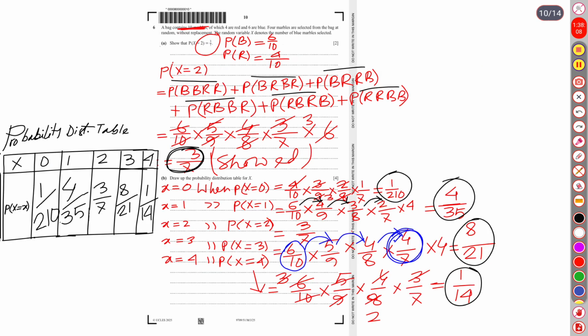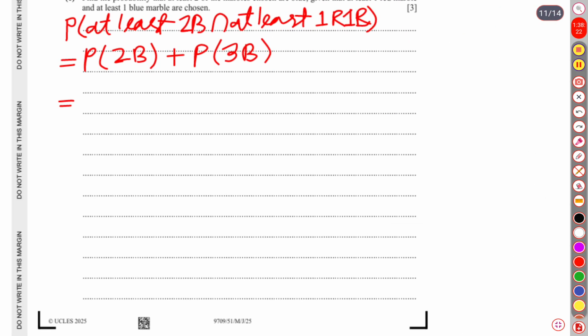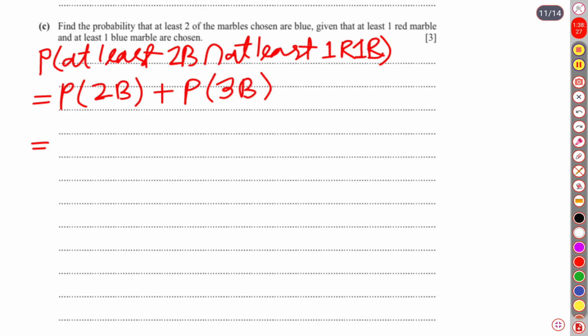The probability of two is this one, and the probability of three is this. So 3 over 7 plus 8 over 21.